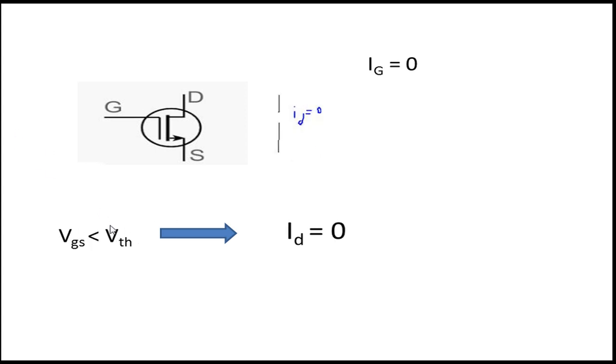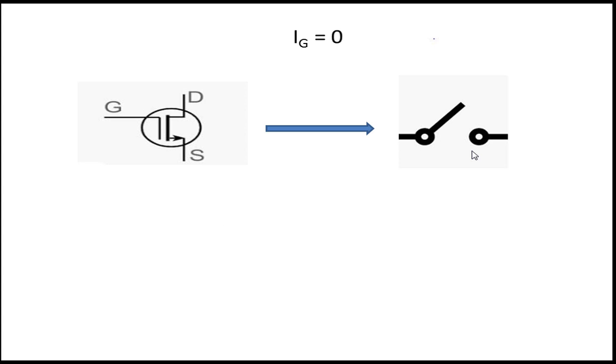On the other hand, if V of gate source is smaller than V of threshold, then the current would be 0, and we could say that the transistor is off or acting as an open circuit. So what we could say is that the transistor would act as a switch. It has two states.